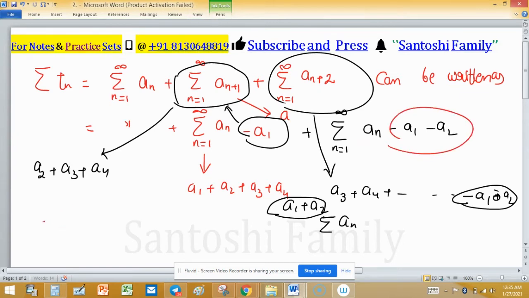Now summation Tn can be written as summation an plus summation an minus a1 plus summation an minus a1 minus a2.